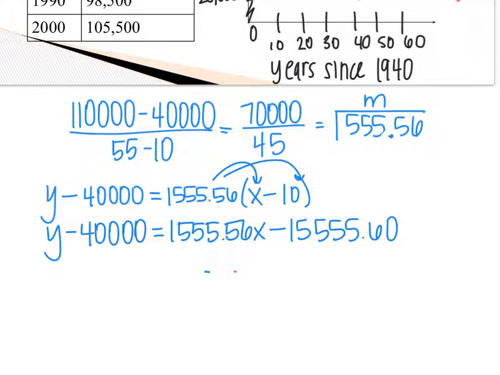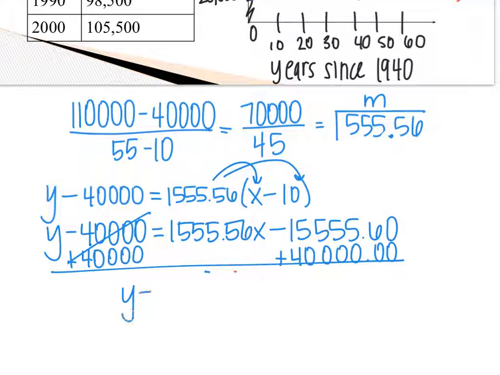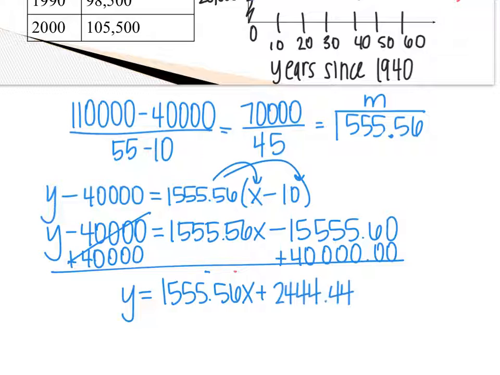And I get this, and now we want to put it in slope-intercept form, so we have to get y by itself, so we're going to add 40,000 to the other side. And I get that for my trend line.